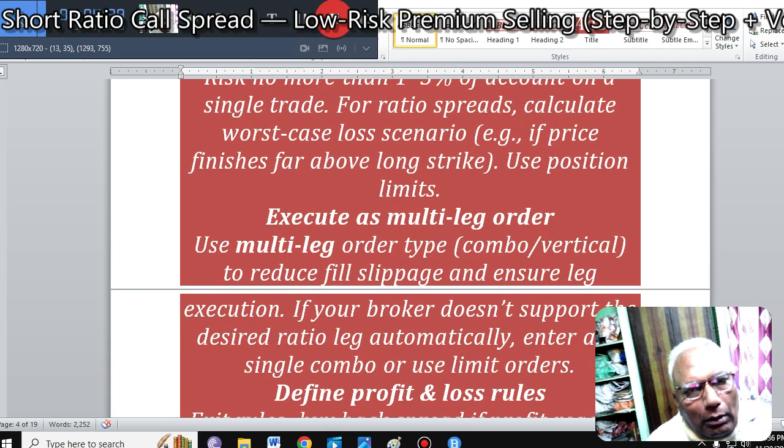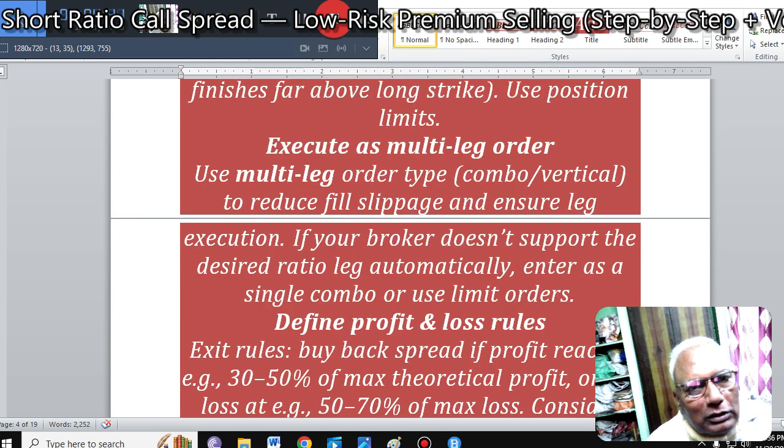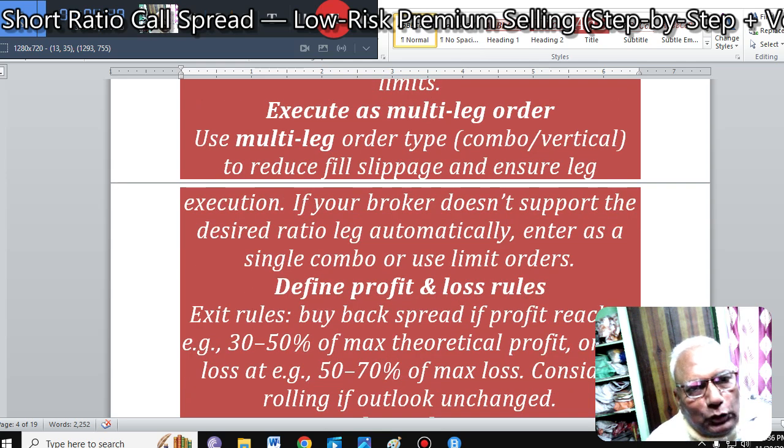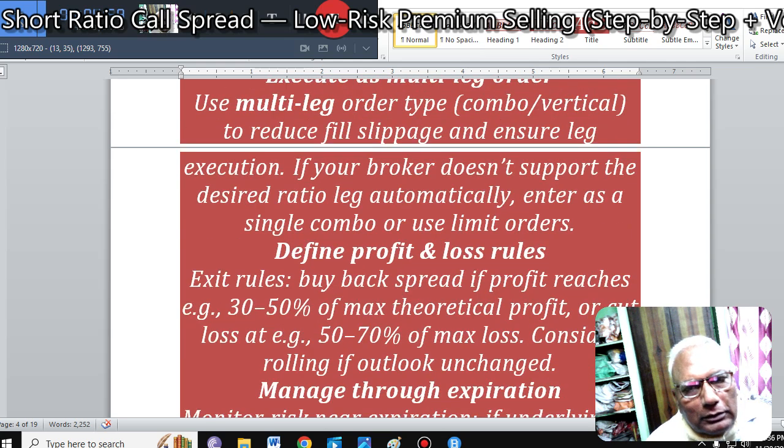Execute as a multi-leg order. Use a multi-leg combo order type to reduce slippage and ensure leg execution. If your broker does not support the desired ratio, leg in carefully, or enter as a single combo, or use limit orders.